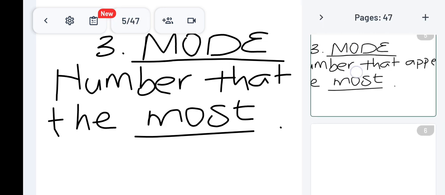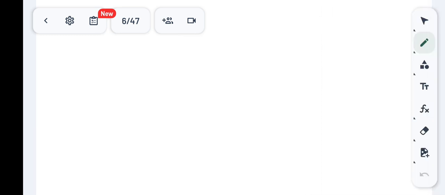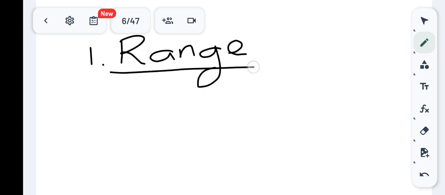Okay, and then we have the measures of spread. We have range. What is a range? Range is the difference between the highest number and the lowest number.